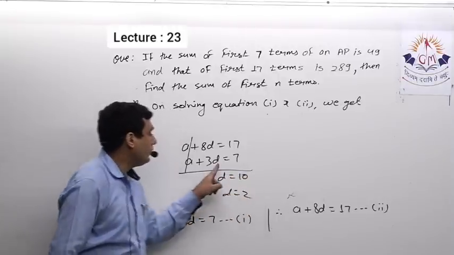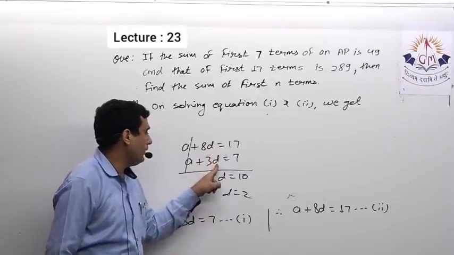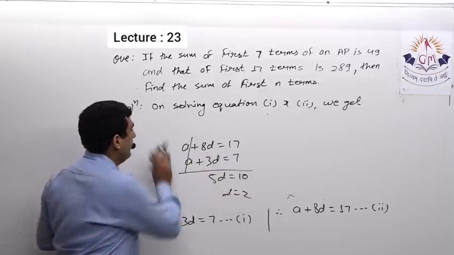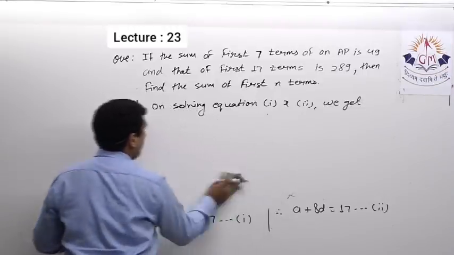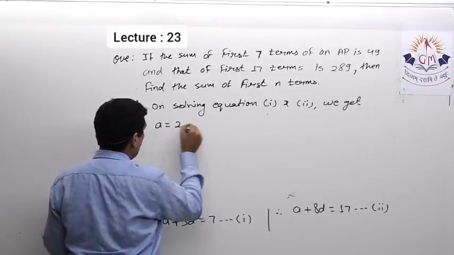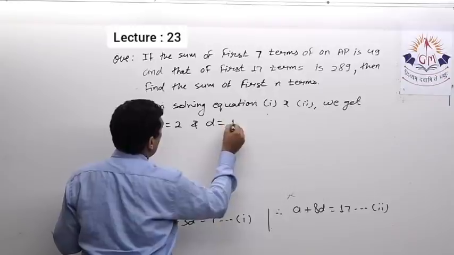Now when I put d equal to 2 over here or over here, what I will get, a equal to 1.